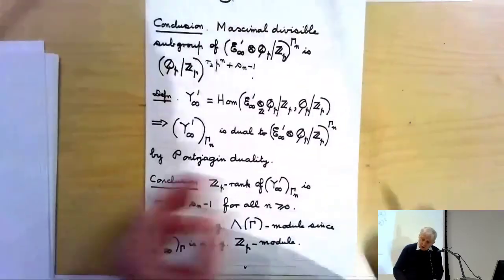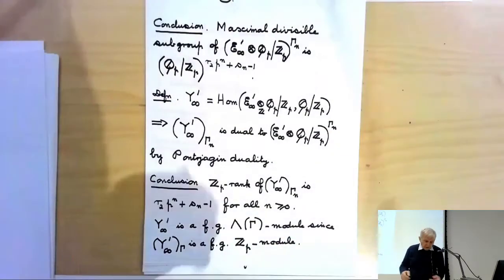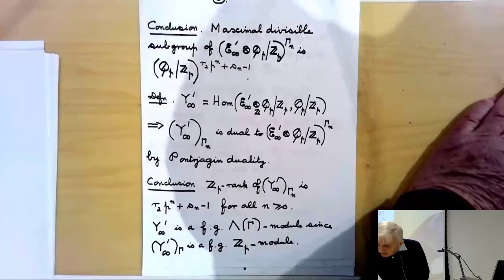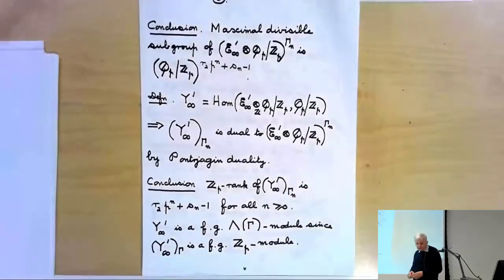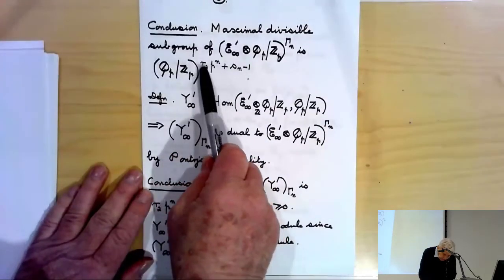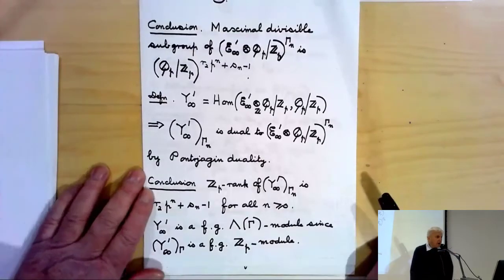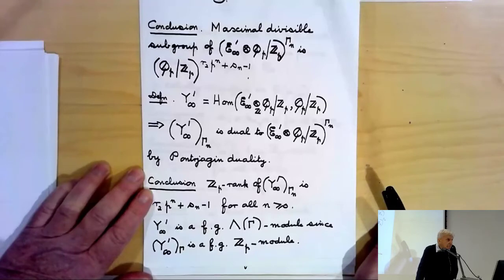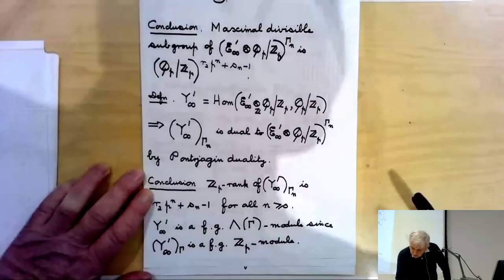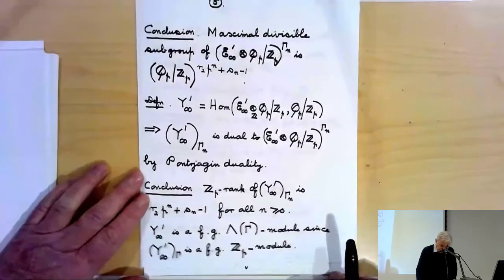So therefore, because this is a finite group, we conclude that if we look at now the object in the center, its maximal divisible subgroup is Qp mod Zp to this R2 times P to the n plus Sn minus 1. So it's obvious, because assuming our proposition now, because we need the finiteness of that, there's nothing divisible there.